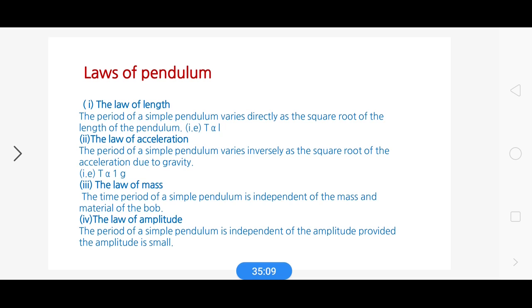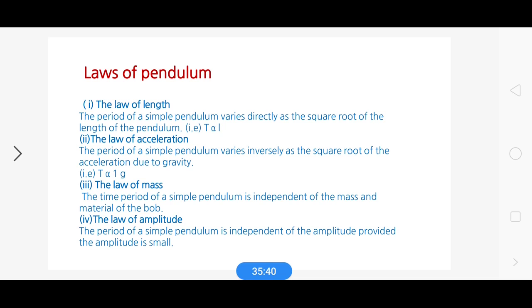So by changing the size of the metallic bob, or the size and the nature, the material of the bob, suppose it is a metallic bob, bronze, silver or iron, if we consider different types of material of the bobs, then for a fixed length the time period is always the same.